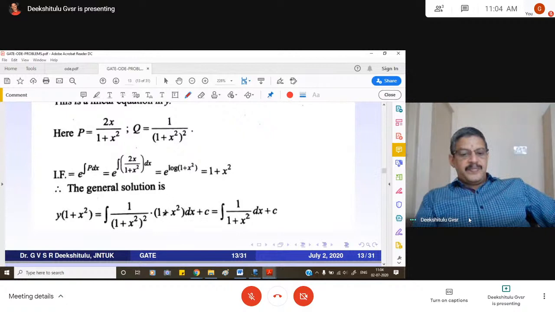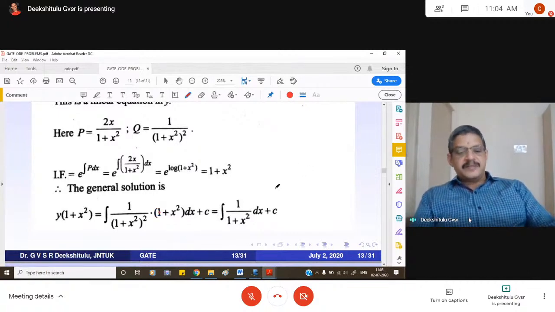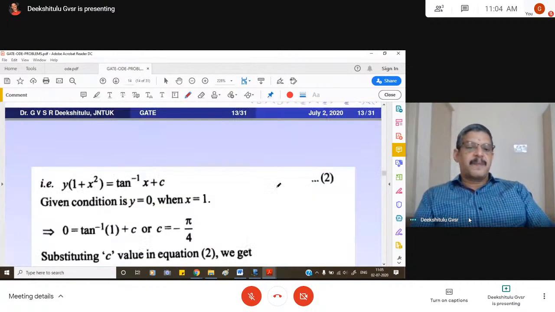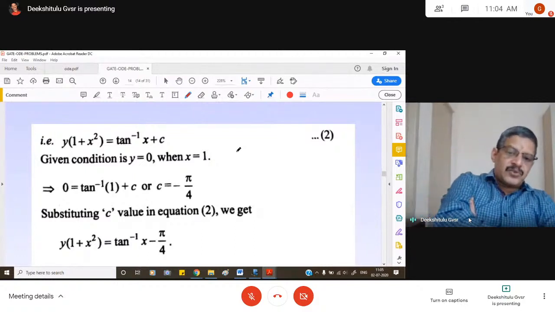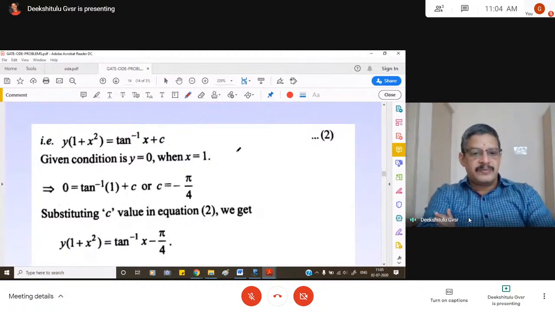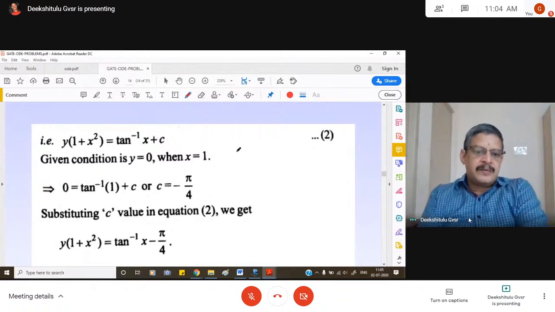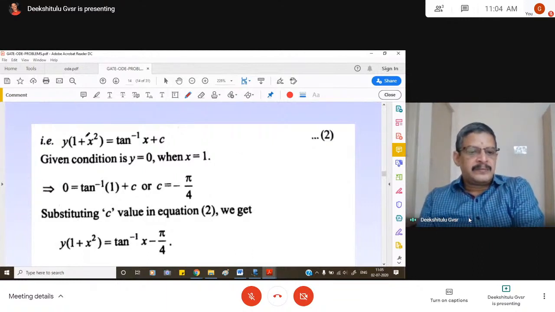So this term and this one get cancelled. Then it becomes integral of 1 by 1 plus x square dx plus c, which is tan inverse x plus c. But the condition is given: when x is equal to 1, y is equal to 0. So if you put x is equal to 1, then y becomes 0.